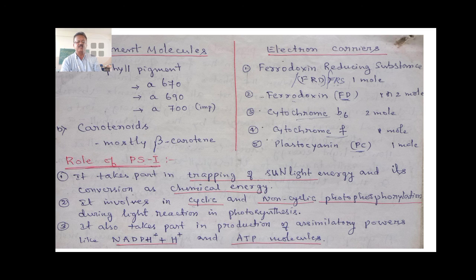And the next difference is that PS1 can function independently, losing association with PS2, but PS2 functions only in association with PS1. Okay, so these are the major differences between PS1 and PS2, and usually in the examination these differences between PS1 and PS2 are asked for 3 marks.